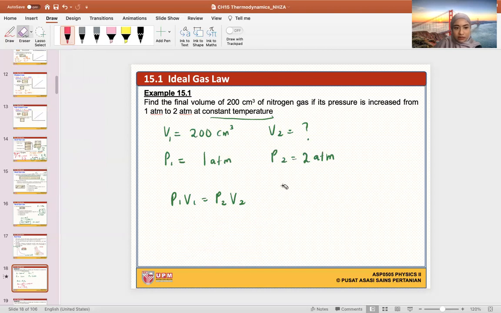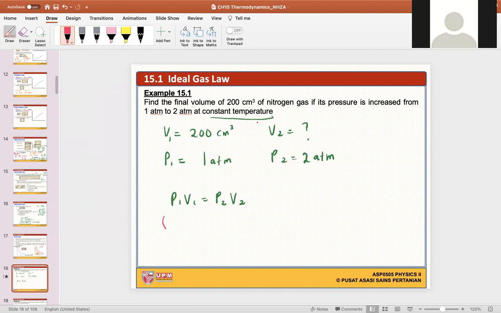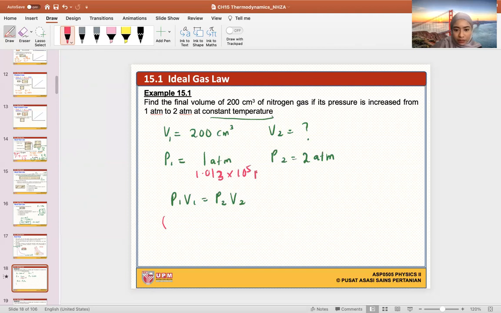So now what is the next step that I should do? Can I just plug in these values? No. What should I do? Convert to Pascal. Convert to Pascal, right. So 1 atm is 1.013 times 10 to the 5 Pascal.